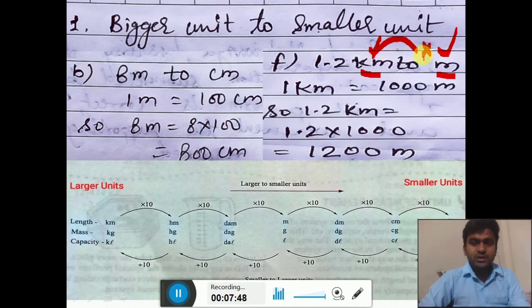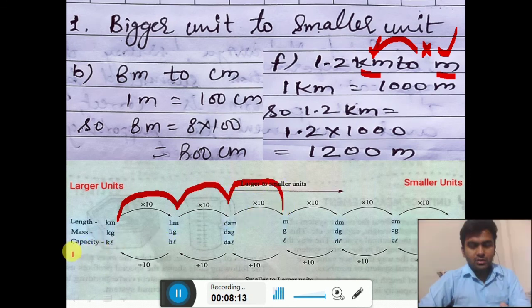So which number do we have to multiply? How will you decide? You just remind in your mind, from kilometer to meter, how many forward jumps you have to do. So let kilometer be the first largest number in this group. So kilometer to meter: one jump, second jump and the third jump.